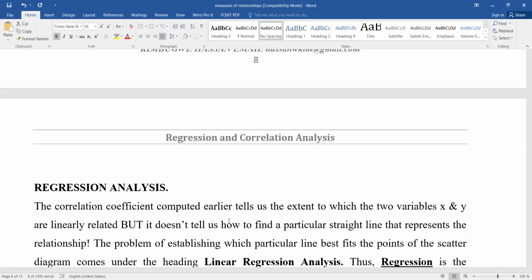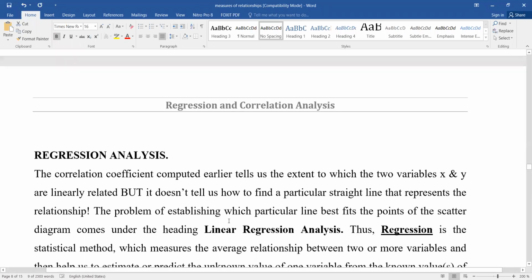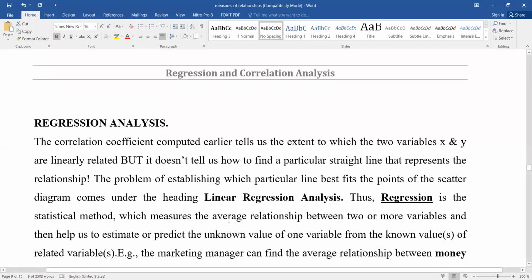The problem of establishing which particular line best fits the points of the scatter diagram comes under the heading linear regression analysis. Thus, regression is the statistical method which measures the average relationship between two or more variables and then helps us to estimate or predict the unknown value of one variable from the known values of the related variables.